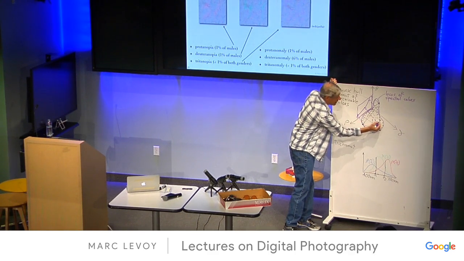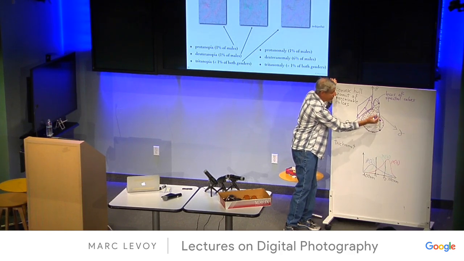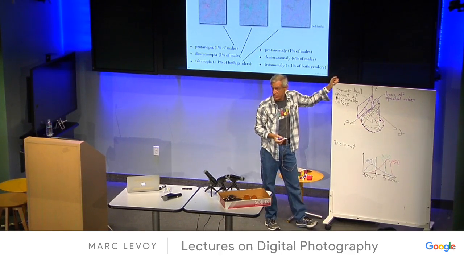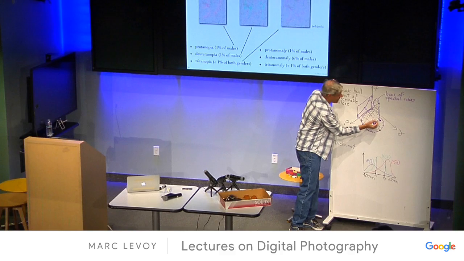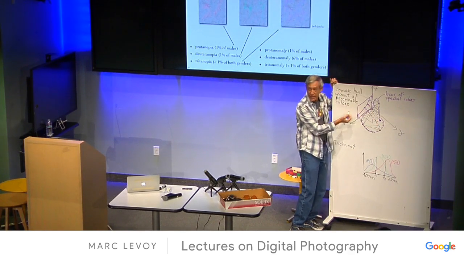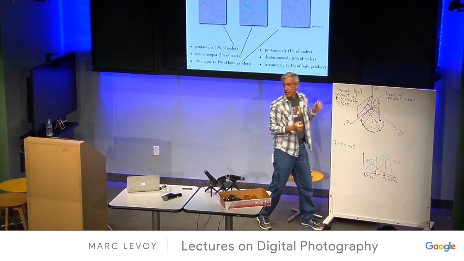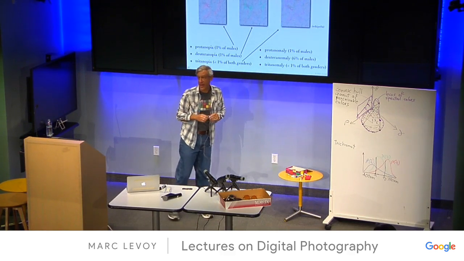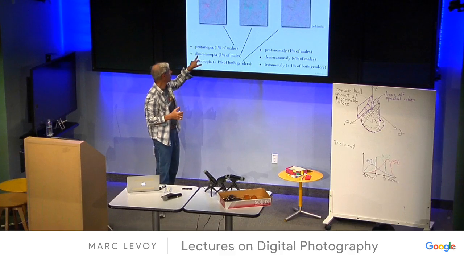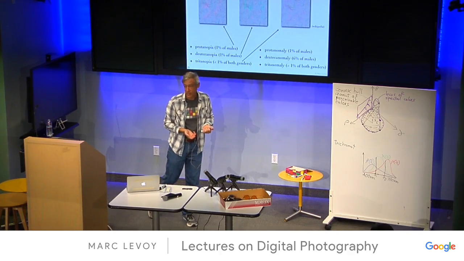Take any point out here that's a mixture of wavelengths and that we see as a point in 3-dimensional space. That and all the other points along the line on the way back to whatever the projection of that is on this plane will be metamers to someone who does not have that gamma receptor system. That person's called a deuteranope. That is what color blindness is.